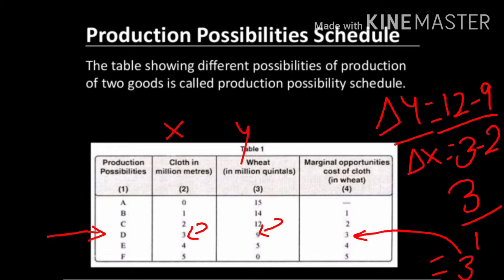In the fourth combination D, the wheat production decreased from 12 to 9. So there is the difference of 3, 12 minus 9, 3. And in cloth production, there is an increase of 1 million meter, that is 2 million to 3 million, so 3 minus 2 is 1. So change in good Y by change in X, you will get 3 divided by 1, that is 3.